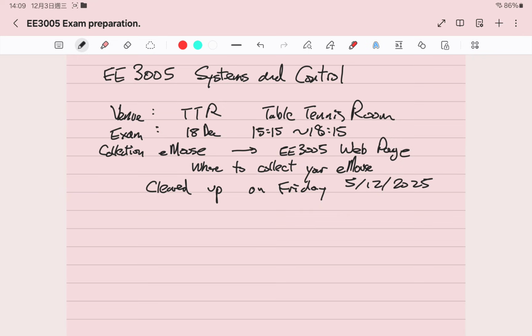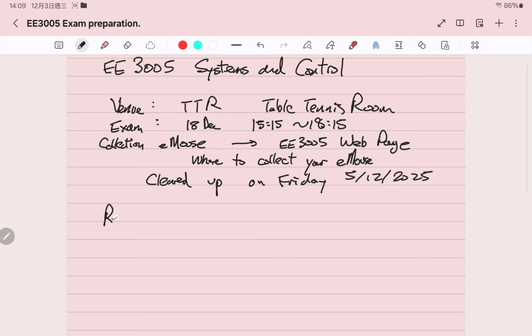Right. Then the next thing is when should you hand in the report? I have told some students, the absolute deadline is the day of your exam.